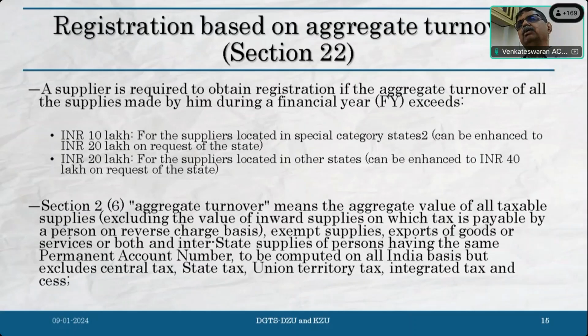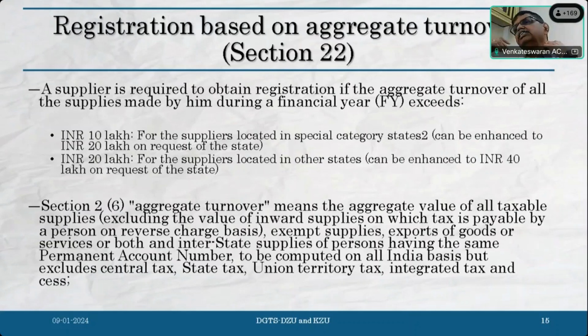No, sir. Since your all-India turnover has exceeded the threshold limit, you are expected to comply with the registration provisions in the other state too, where your turnover is well below the threshold. Your threshold limit is your aggregate turnover computed on a single basis across all the states in India.